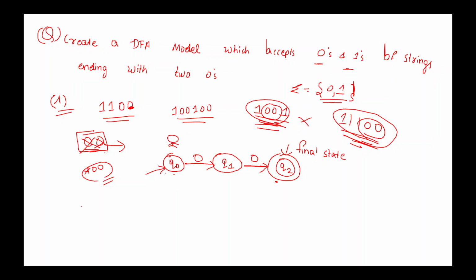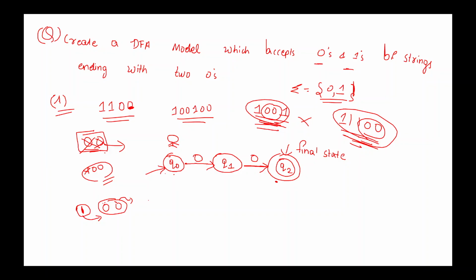If q0 has to be defined on 1, and my requirement is my string should end with two zeros, then q0 takes the first input, but after the transitions, I should take two zeros such that after receiving these two zeros, I end up at the final state, right?